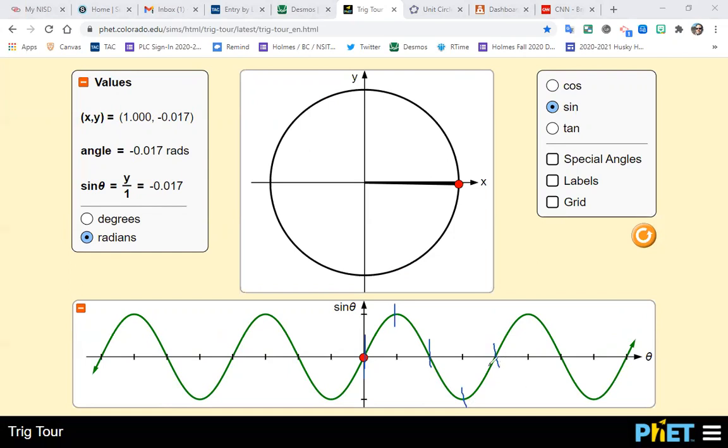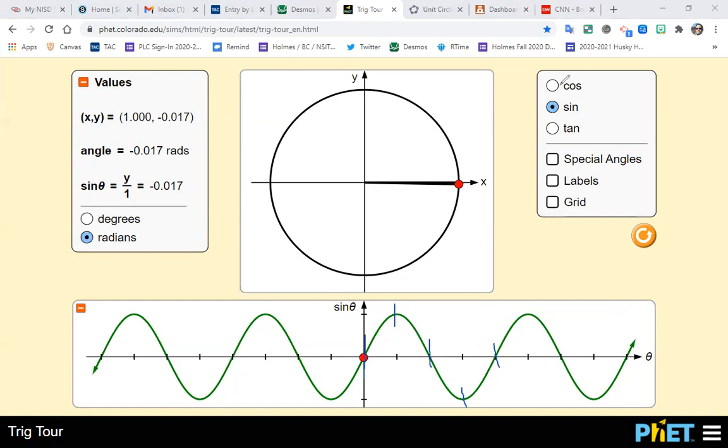When we start graphing these things, we're going to do the exact same thing. We are basically going to graph 5 points: the starting point, the maximum, the next middle, the minimum, and then the next middle, and that's going to be one complete cycle, and that's all we're going to have to do.